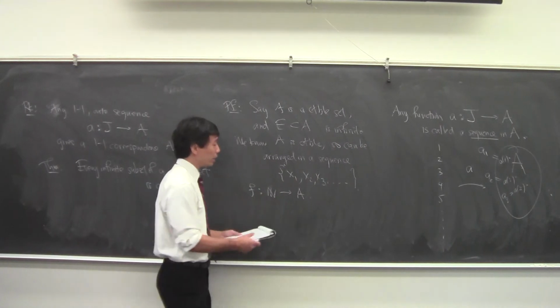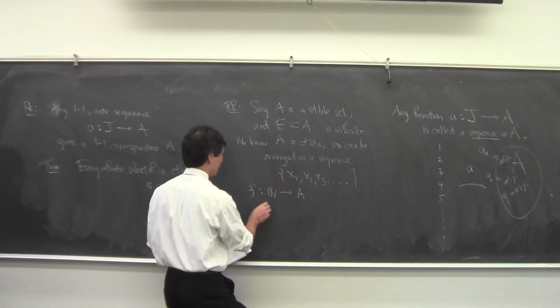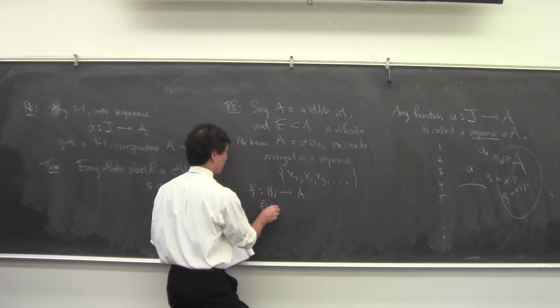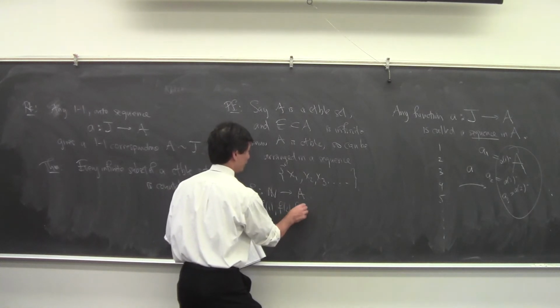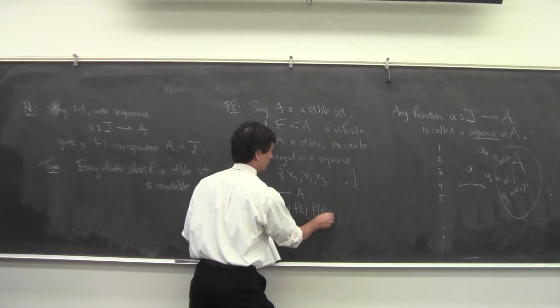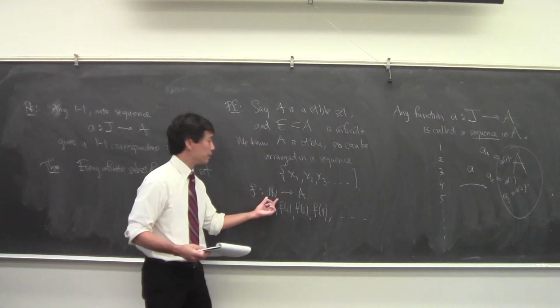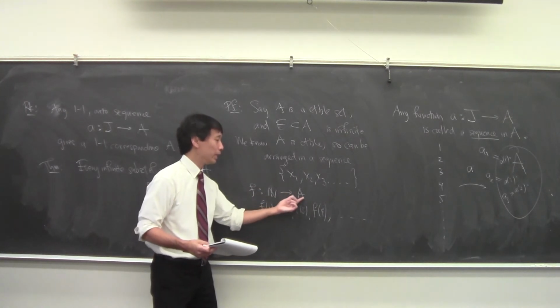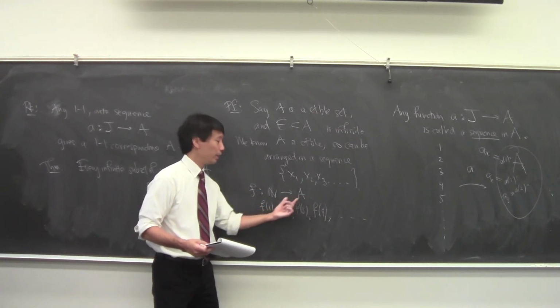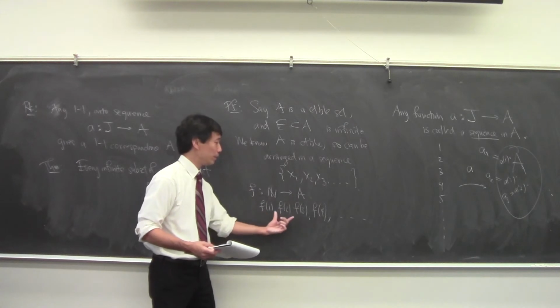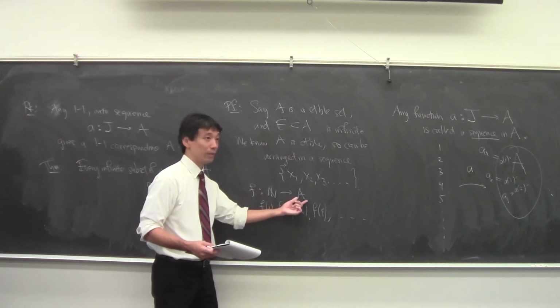So what are the elements of A? They're going to be f of 1, f of 2, f of 3, f of 4, and since it's onto, if I look at this sequence of points, I'm going to hit every single element of A.